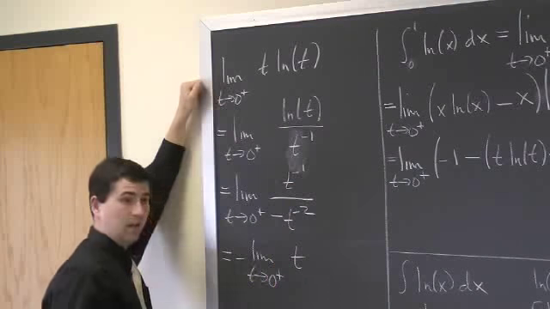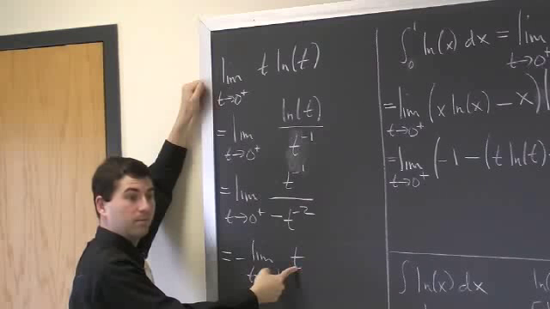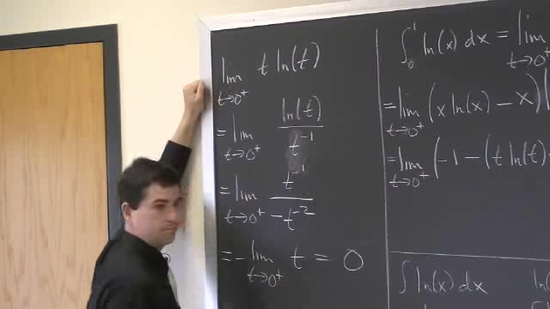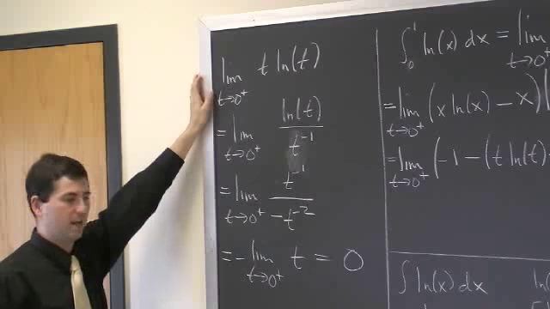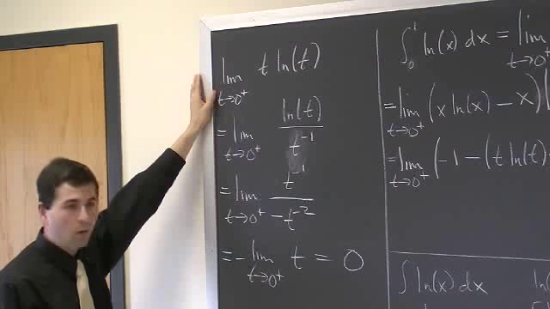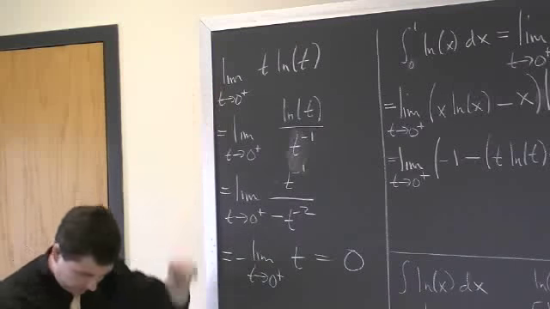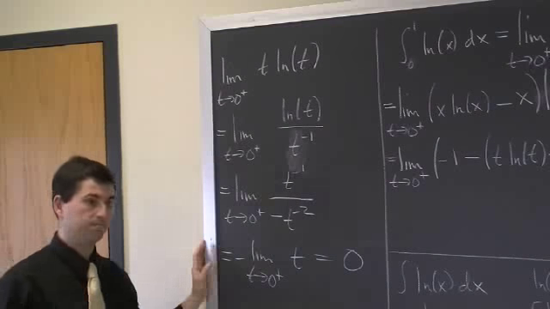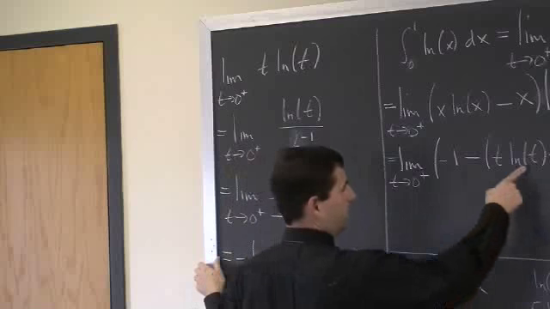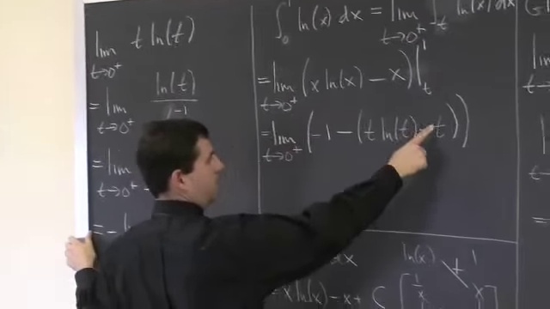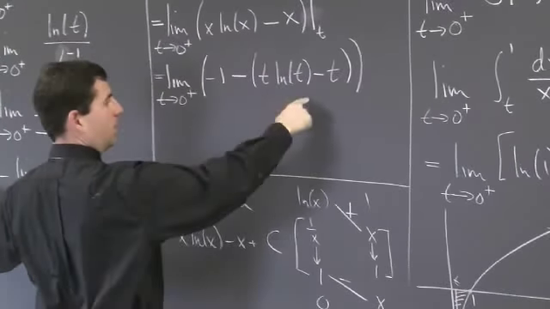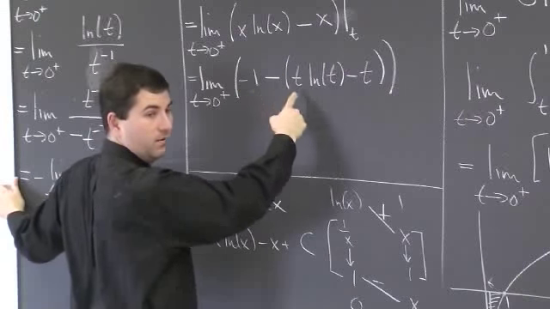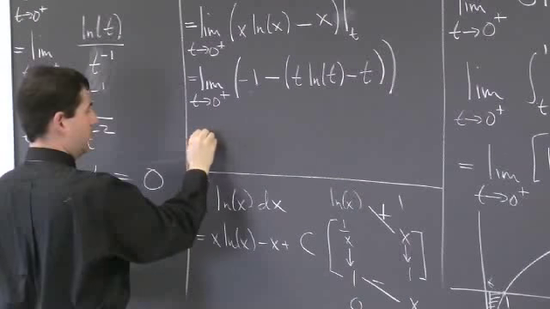So I just get t. And this goes to 0 now. So you can use L'Hopital's rule on this, or just use the general rule, which is that exponentials beat polynomials, polynomials beat logarithms. So this bit goes to 0, and this bit goes to 0. So you're just getting minus 1 minus 0, which is minus 1.